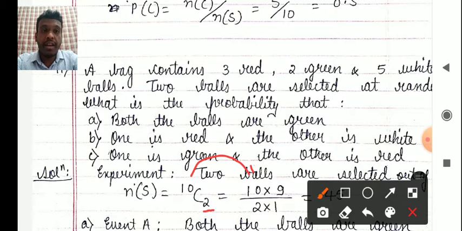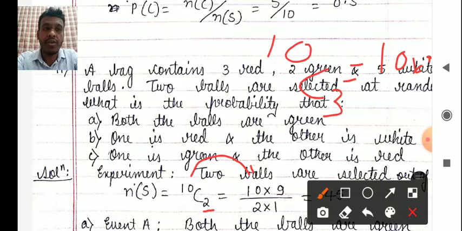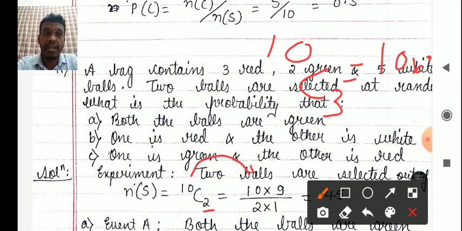So 10 into 9, total number of numbers should be 2 only. Had it been 10C3, then the numerator would have been 10 into 9 into 8. Had it been 10C4, the numerator would have been 10 into 9 into 8 into 7.